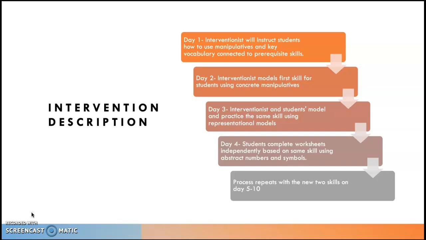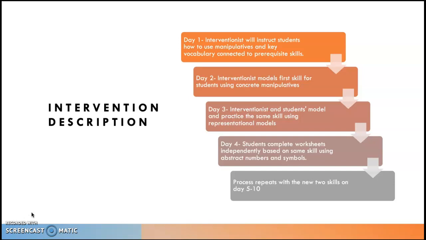On day 1, the interventionist, who is one of the conductors of this study and a retired teacher who has experience in teaching general education and special education, will instruct the students how to use manipulatives and key vocabulary connected to the prerequisite skills that were discussed earlier.